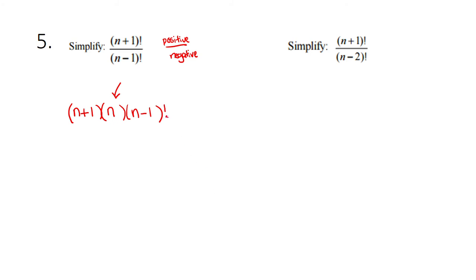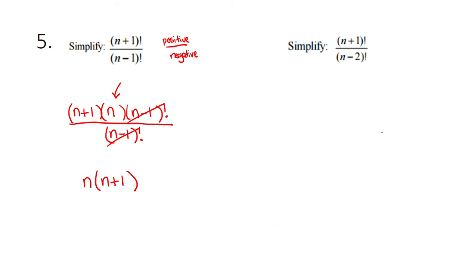Now, n minus 1, I'm going to stop. I don't need to go to n minus 2, which would be the next one down, because I have n minus 1 in the denominator. And these cross out. So your final answer here is n times n plus 1. You can rewrite it to put your n in front. You don't need to worry about distributing because you're going to see these answer choices on your homework.